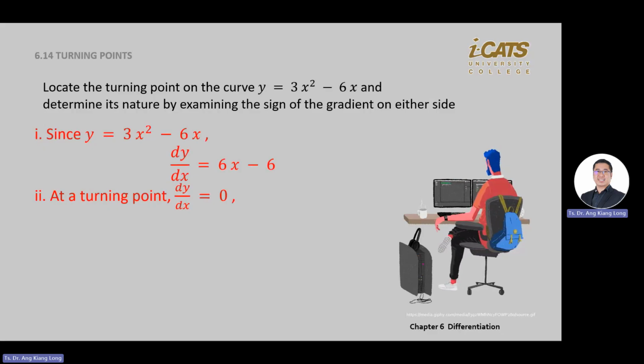So at a turning point, dy/dx is 0. So this equals 0. You only have 1x. So x equals 1. Substitute back into the equation to find the coordinate. Put x1 inside this equation, you find your y. Then you get your (x1, y1). Put the coordinate in brackets.